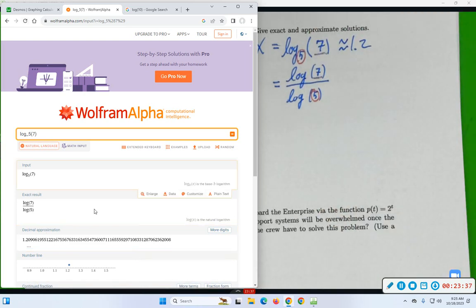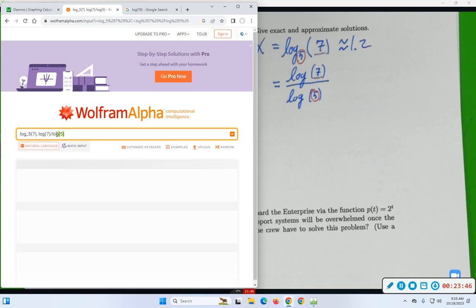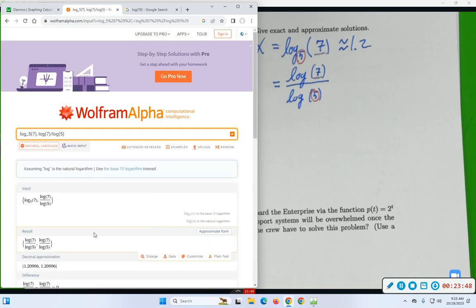Let's just see that that's true. Log of 7, divide by log of 5. And I've separated them by commas, so it should just give me that thing twice. Do those two seem to be equal? Mm-hmm. Nice. And this was using Wolfram Alpha, so that's walking with natural log when I don't specify a base.